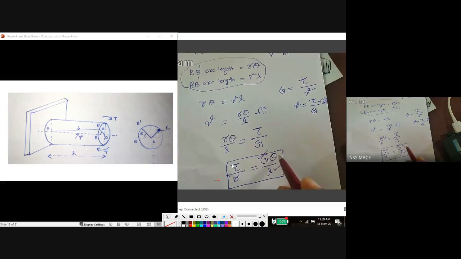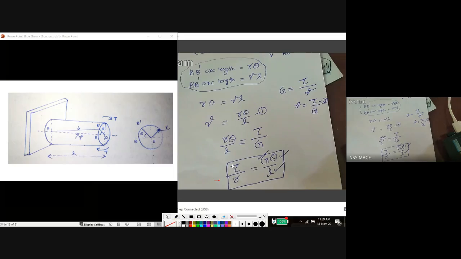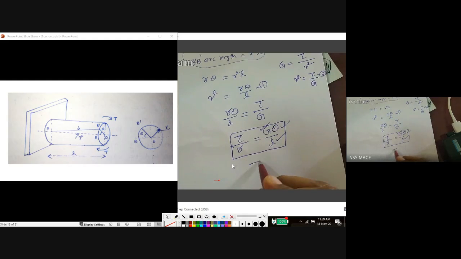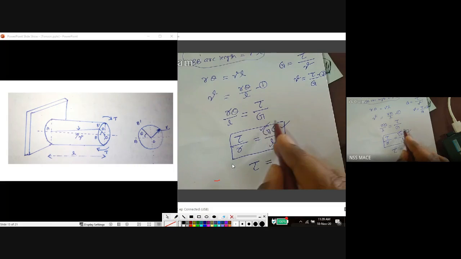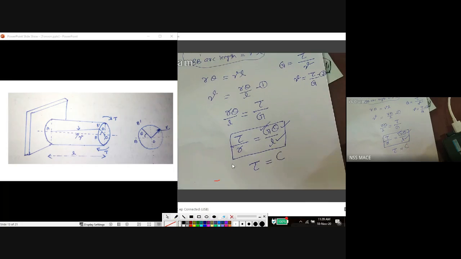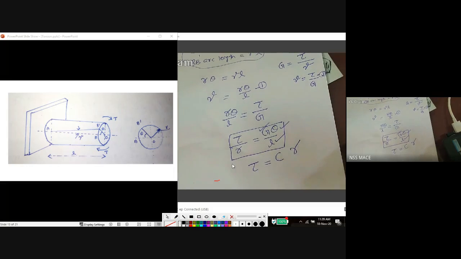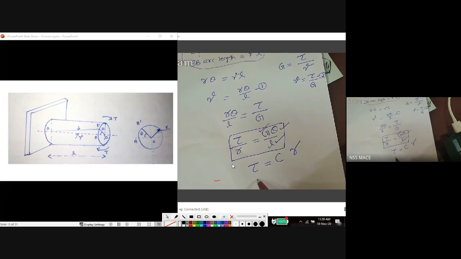And theta is also a constant value, because theta is the angular twist and for a particular torque there will be a particular theta. So all the right hand side terms are constant, and we can write tau is equal to a constant into R, or tau is proportional to R.